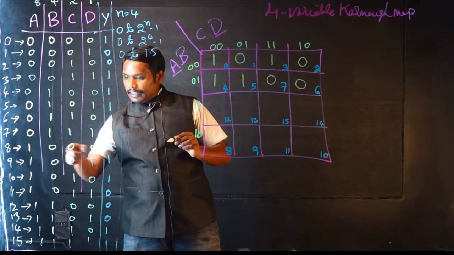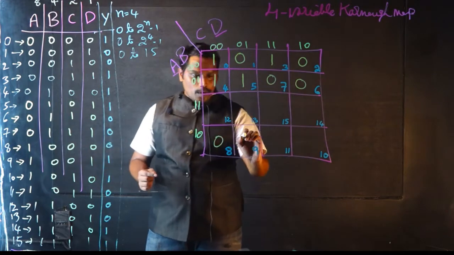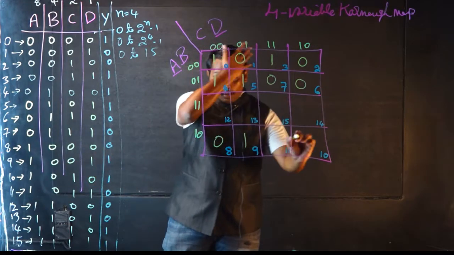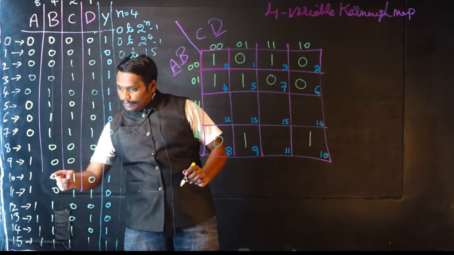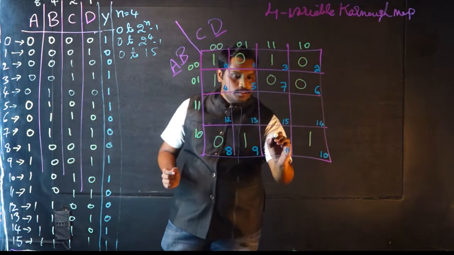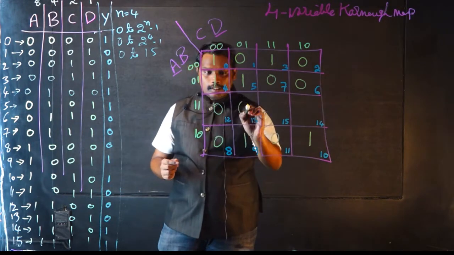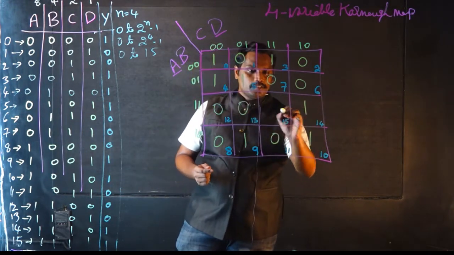I think 8 we have completed. For 8 it is 0, for 9 it is 1, for 10 it is 1, for 11 it is 0, for 12 it is 0, for 13 it is 0, and for 14 and 15 you have 1.